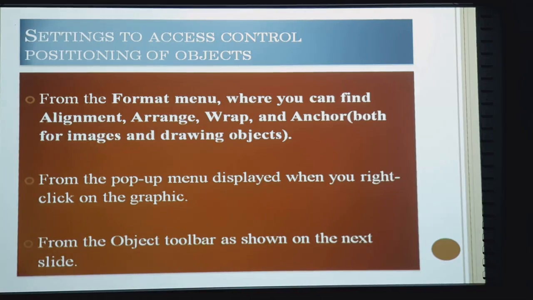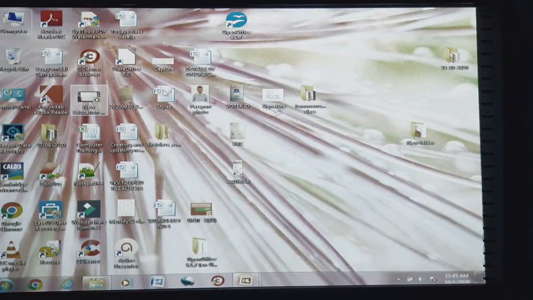From the format menu, we can find alignment, arrange, wrap, and anchor options, both for images and drawing objects. We will take a look at the steps side by side. So in OpenOffice, we need to go to the format menu first, and in the format menu we will get alignment, arrangement, wrapping, and anchoring options. So where is it, let's see.